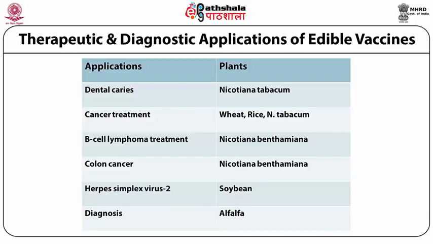These are all again developed by transferring appropriate genes into plant systems such as tobacco, wheat, rice, soybean, and also alfalfa. Diagnostic tools were also developed in plants to detect various types of complaints, as diagnostic applications for these edible vaccines.